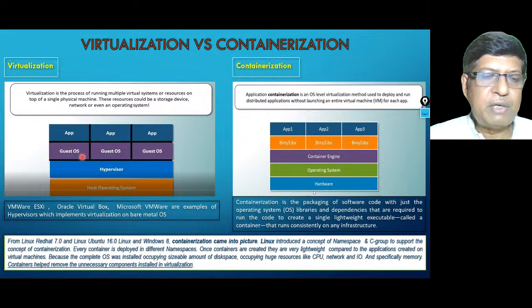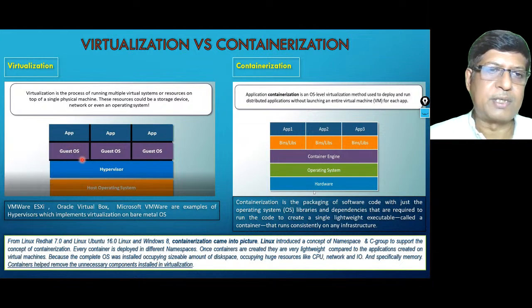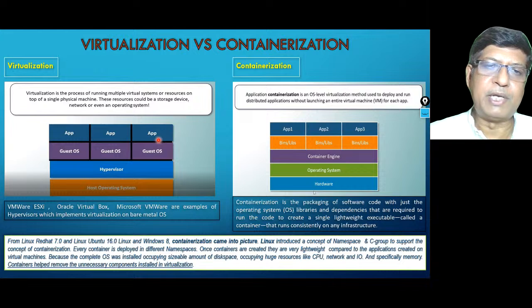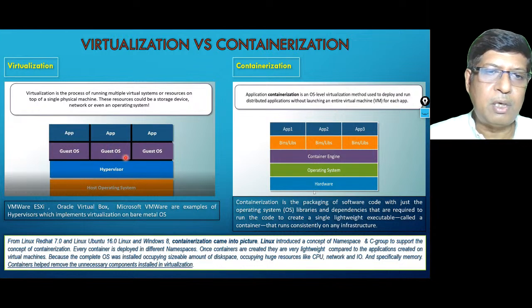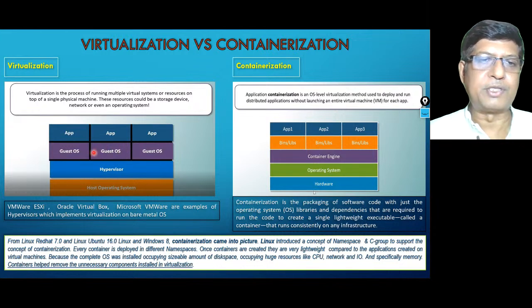But this virtual machine will have the full version of the OS. Without an OS, you will not be able to create a virtual machine. On top of it, you can have a Java application. This can be a .NET application of Microsoft. It can be a C++ application. So you are running three full versions of the application because you have the full version of the operating system.